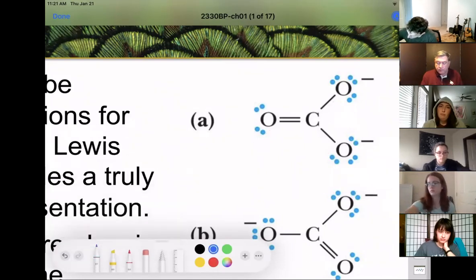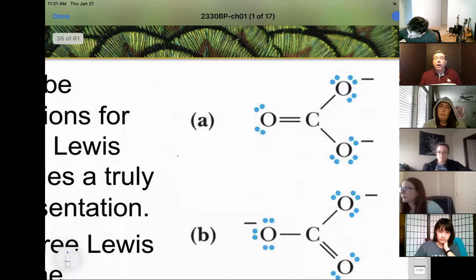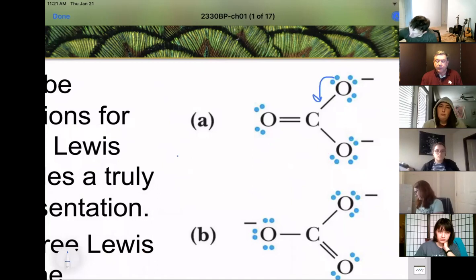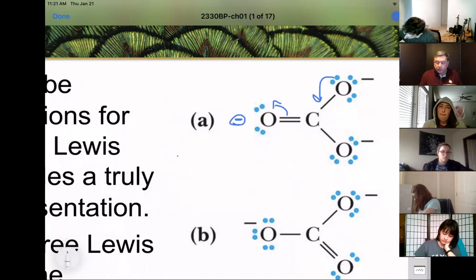Okay, so why can't we take these electrons, move them down here, and move these electrons up here and have the negative charge here? There is no reason. That's a chemically equivalent structure. And when we do that, we actually end up making it look like this structure here. Okay.